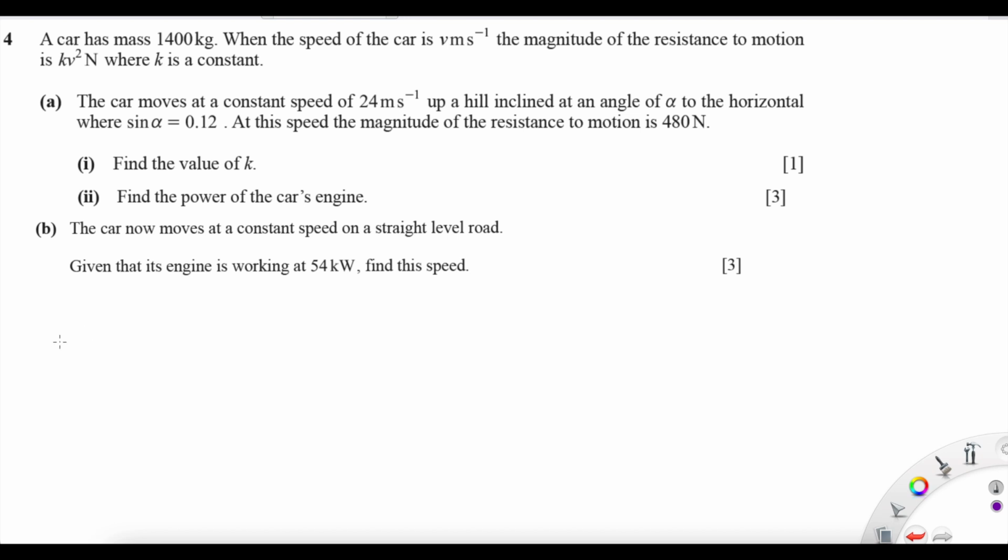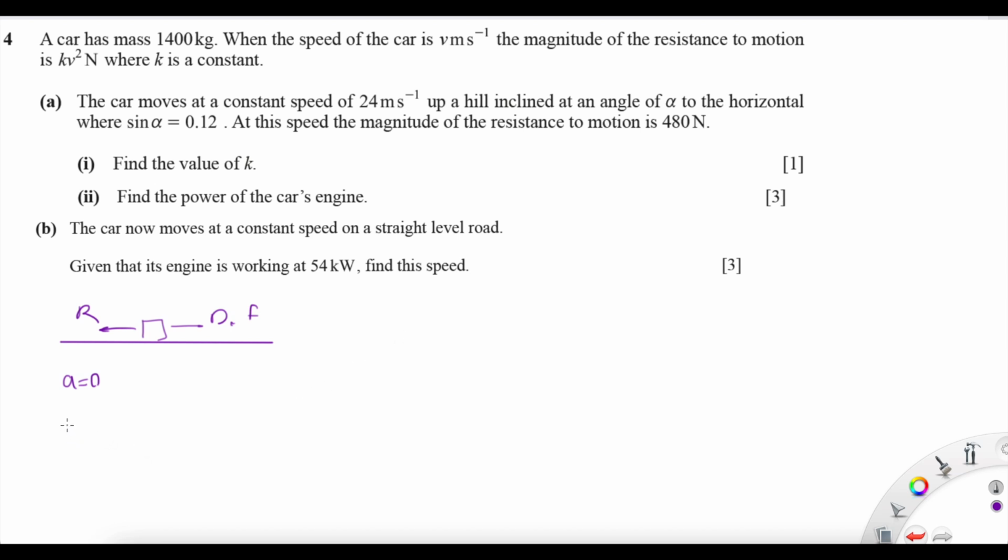So now we have this situation. So it is a car, for example, it has driving force, and in the opposite direction we have resistance, and a is 0. Now it says given that its engine is working at 54,000 watts, find this speed.